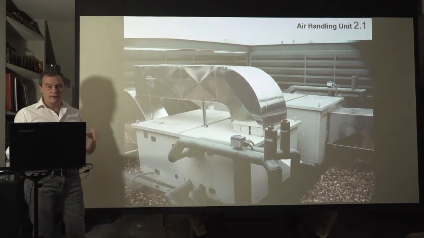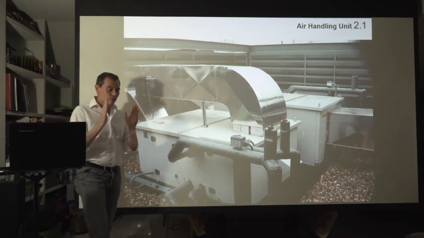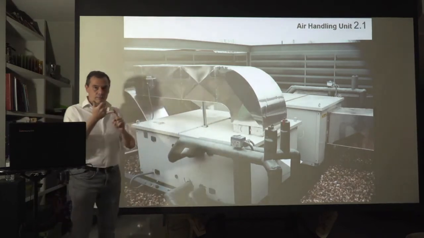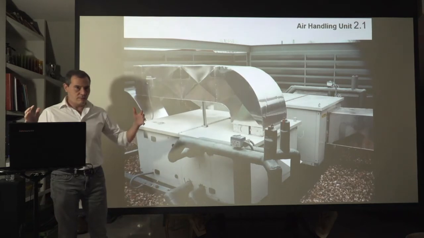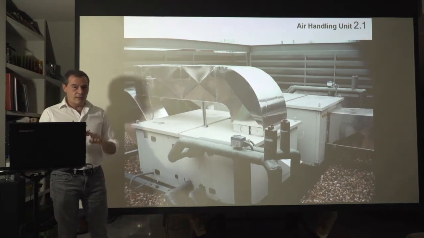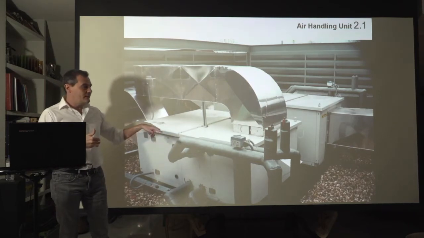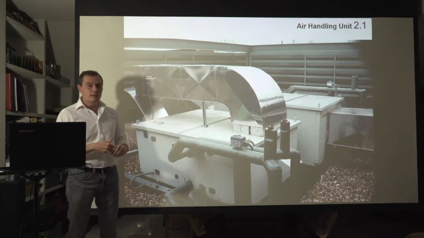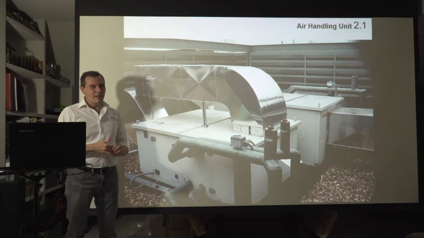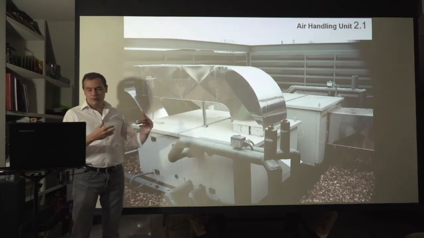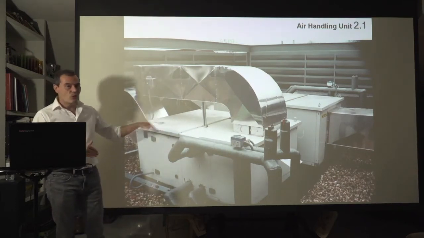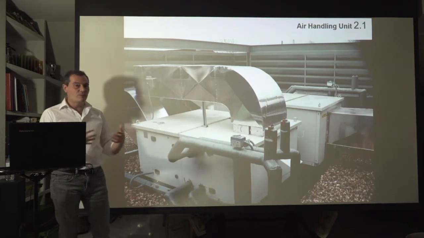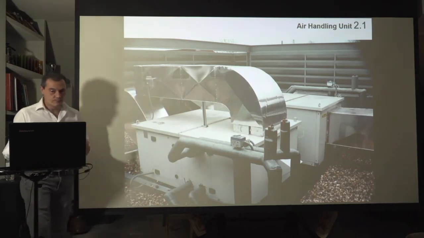So air handling units. The first thing you have to understand is, first, they are very big. Second, they are not especially beautiful. So we don't hide it. We cannot have air handling units inside the building. We can, but usually they are on the roof of the building because they have to be exposed to the outside air.